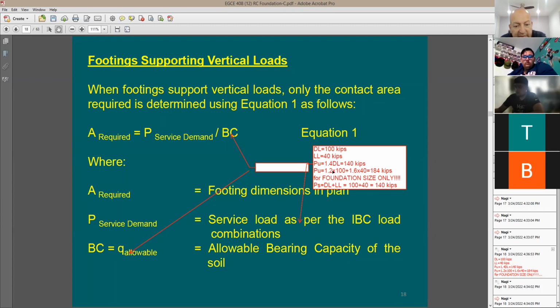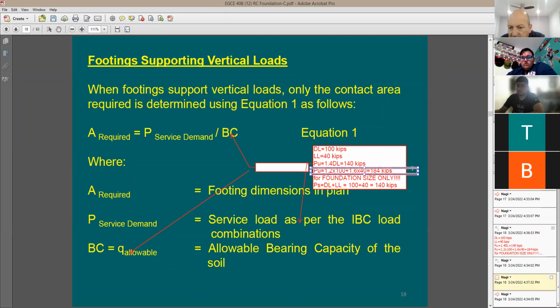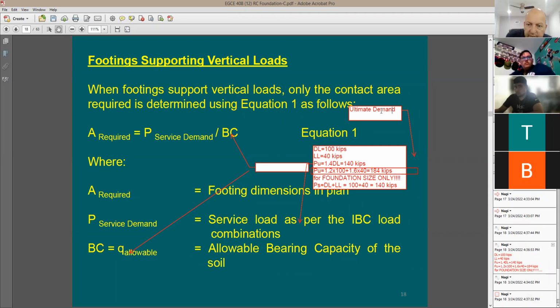So you have your ultimate demand and service demand. I'm going to be adding a note here. I'm going to call this force ultimate demand. Used for design of concrete members, like reinforcing.